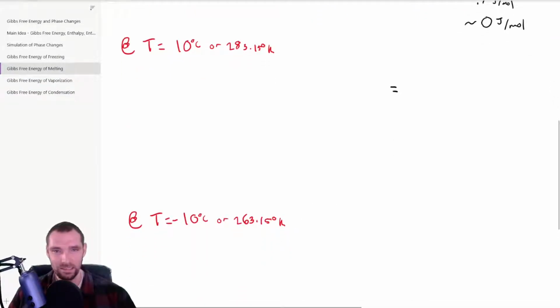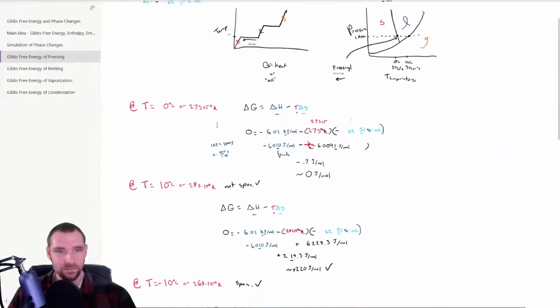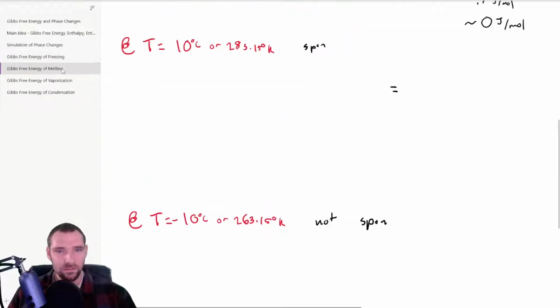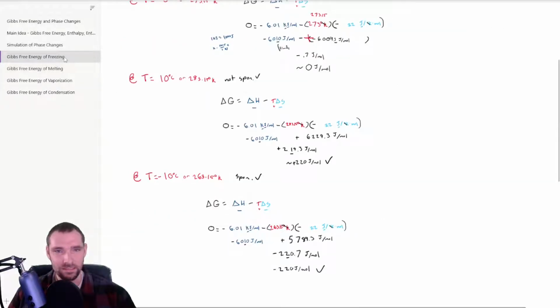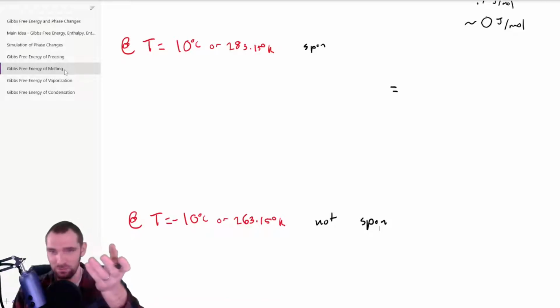And this is gonna be, yeah, this should be spontaneous, and this should be not spontaneous. I believe that's opposite from the last one. Yeah, they've kind of like flipped. At 10 degrees, freezing's not spontaneous, but melting is, which kind of makes sense. If water is above its freezing point, it should melt, it should turn into the liquid, right?